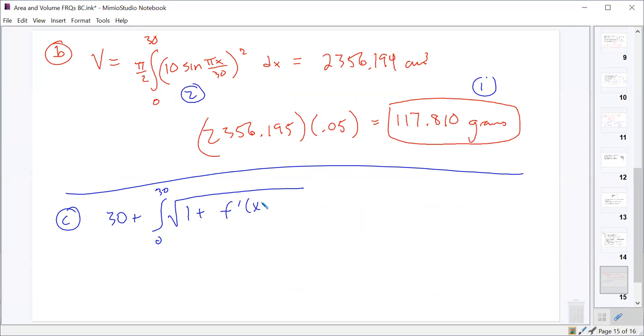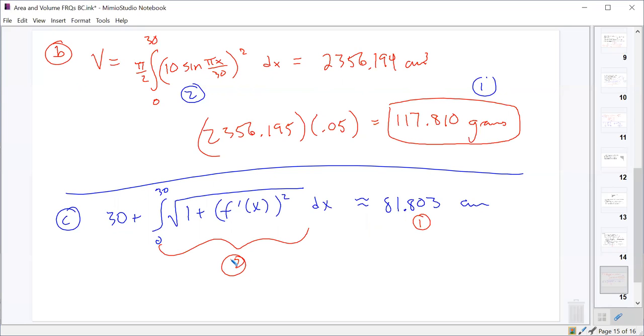They gave us what f prime of x was already. You just plug it into your calculator and get 81.803 centimeters. 1 point for the final answer and 2 points for the correct arc length setup.